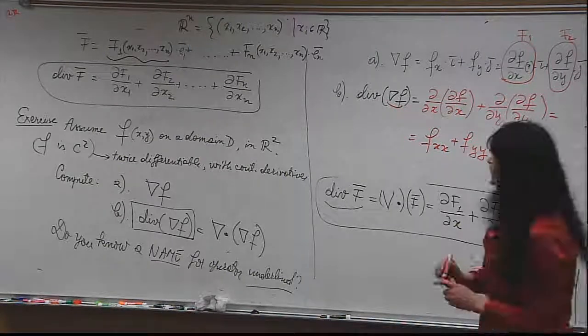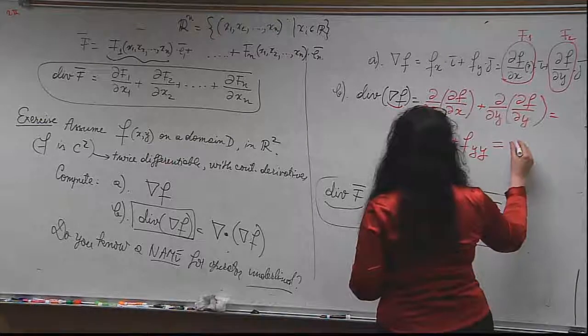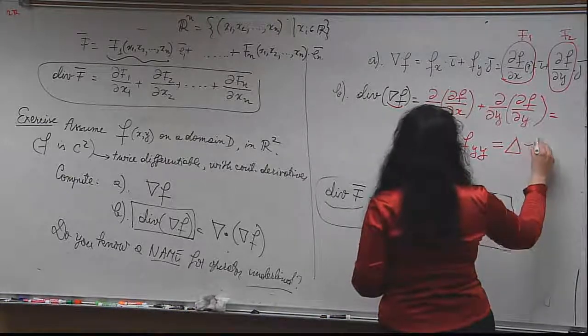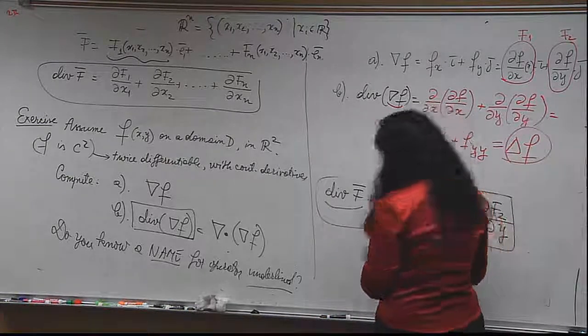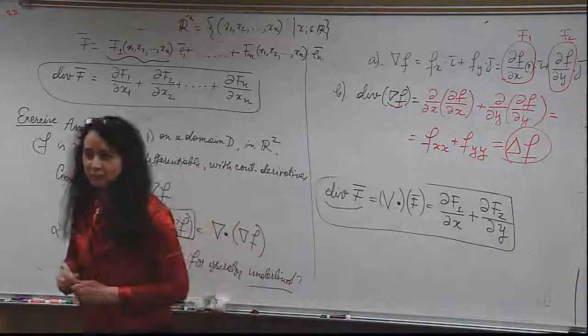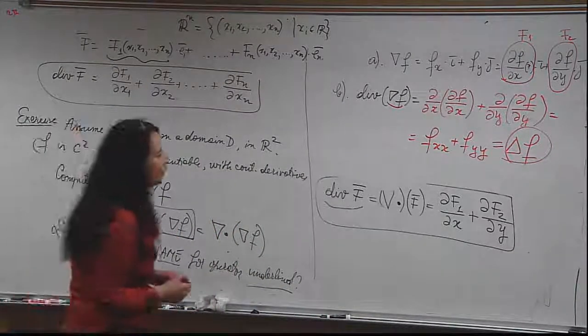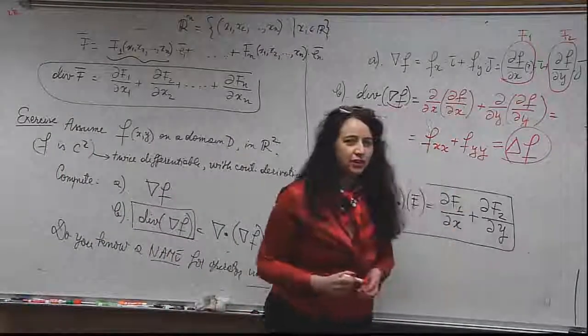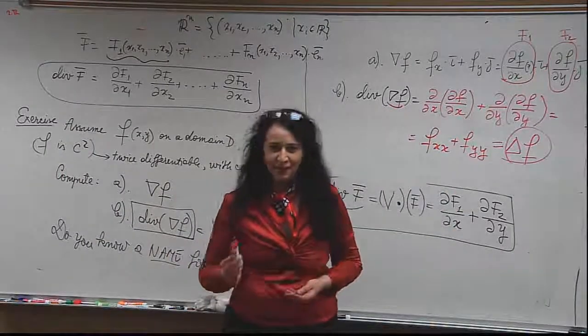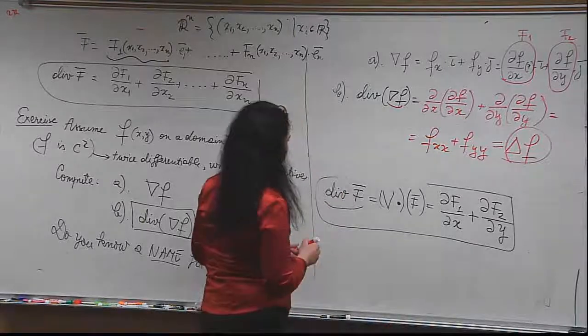I'll give you a hint, because I know in mechanical engineering they already introduced this, and there are some physics classes, and we put a triangle in front, and we denote this triangle operator a certain way. And we can play a game.